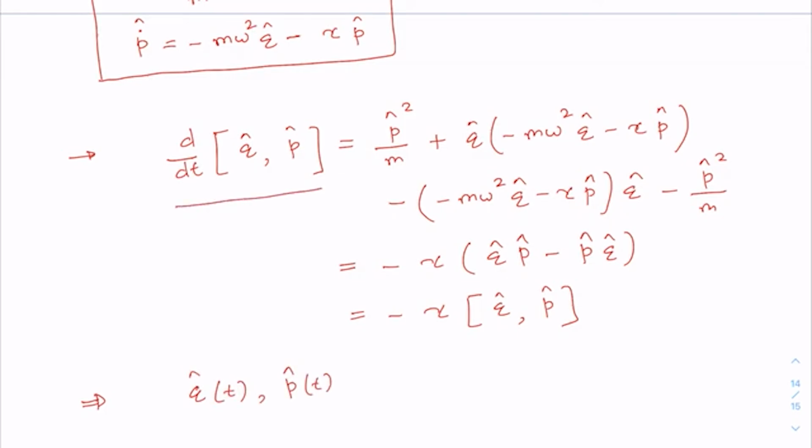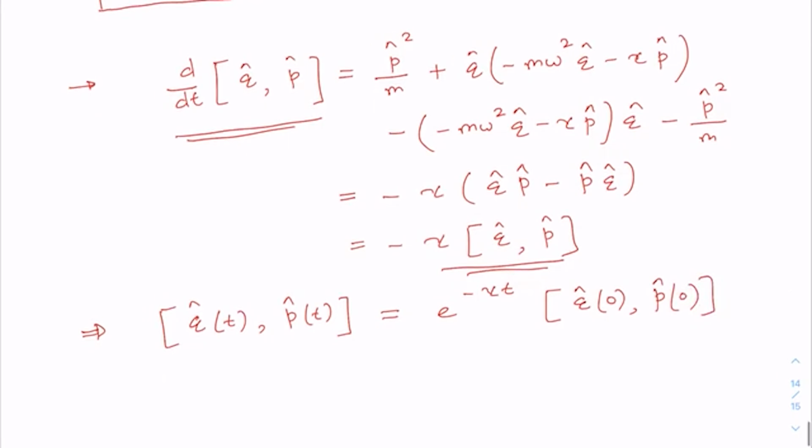This is a simple differential equation. So using this, I have the commutation relation between these variables as e to the power minus gamma t, commutator of q of 0, p of 0, and we know that this has to be i h cross, so i h cross e to the power minus gamma t.